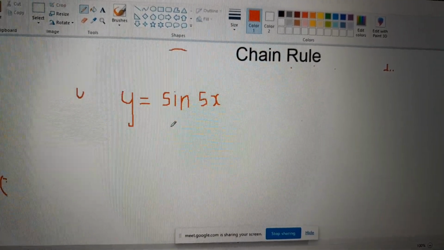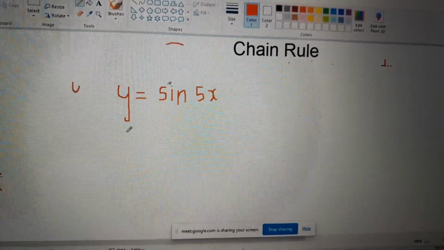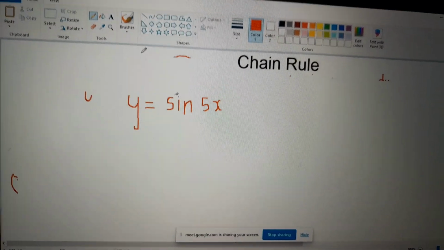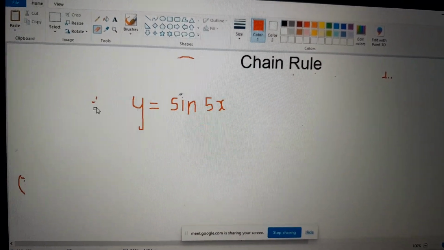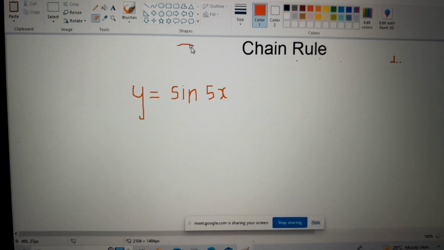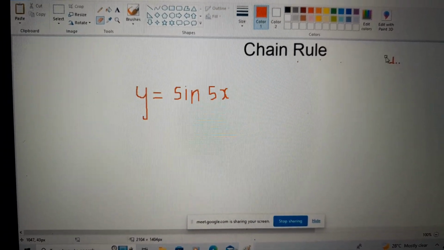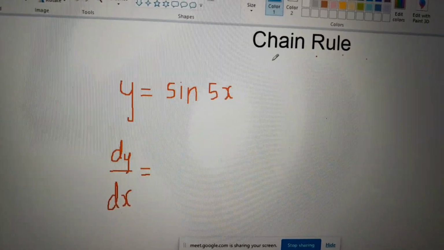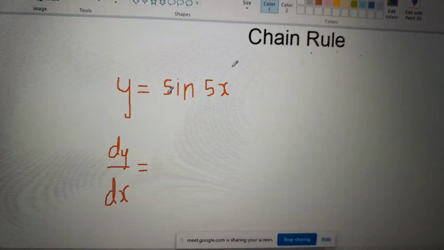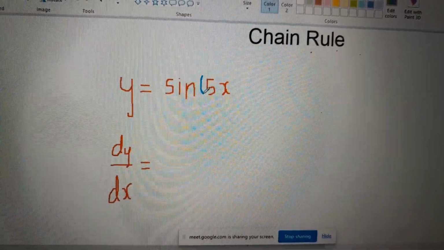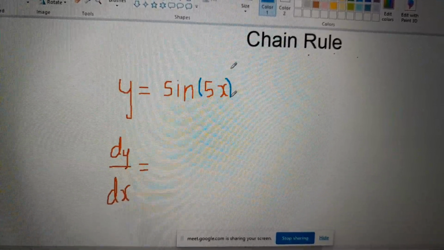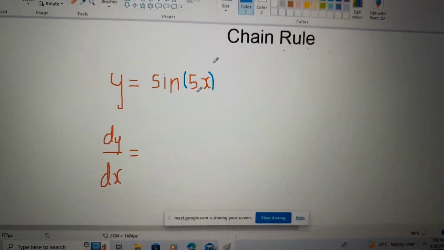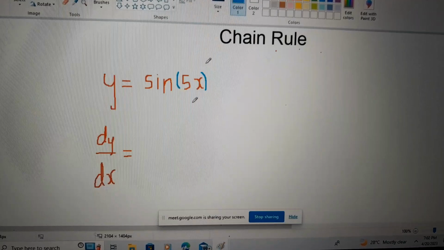So if you have to differentiate this, let me hear what you think we can do here. Does it look like a function of a function? We are accustomed to seeing just sine something. Therefore, it's basically the sine of 5x we're taking.